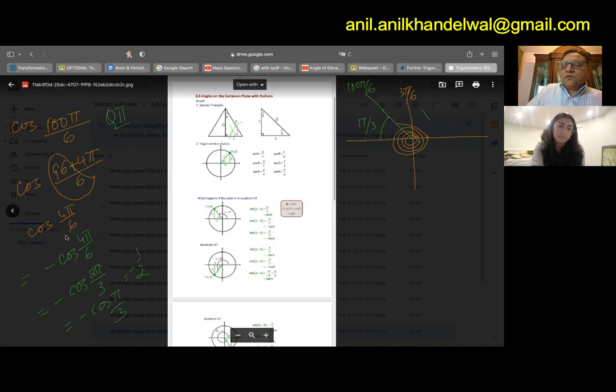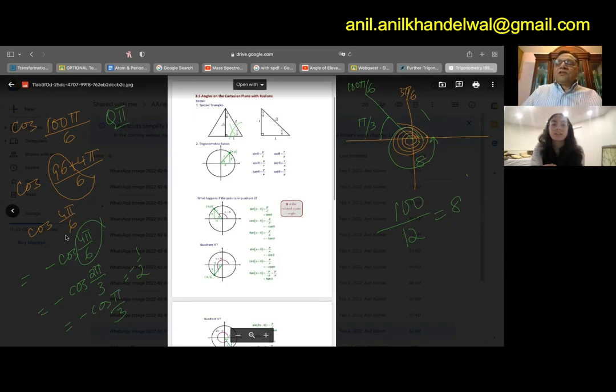So when you divide 100 by 12, it will give you 8 something. So we have gone through 8 full circles. After that, 4 pi by 6 left because 96 plus 4 pi is 100.